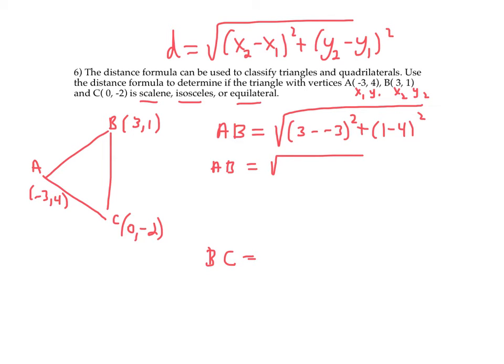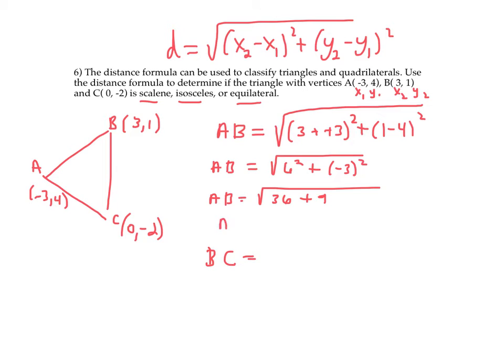So we'll have 3 minus a -3. Again, subtracting a negative is the same as adding a positive, so 3 plus 3 is 6 squared. 1 minus 4 is -3 squared. Notice I'm keeping that -3 in parentheses because we have to square that. 6 squared is 36. -3 squared is +9.